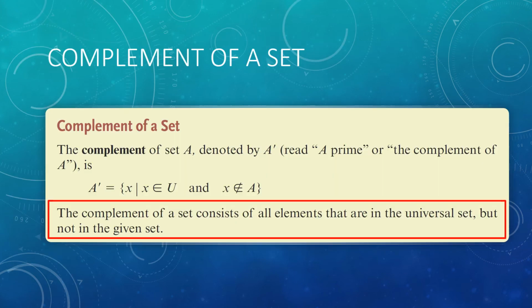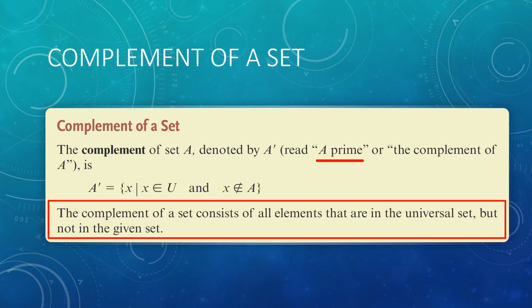Oh, I'm sorry. We have one more thing to learn. Complement of a set. The complement of a set, denoted by A with a little apostrophe, is read as A prime or the complement of A. I use A prime, so that's what I will call it.